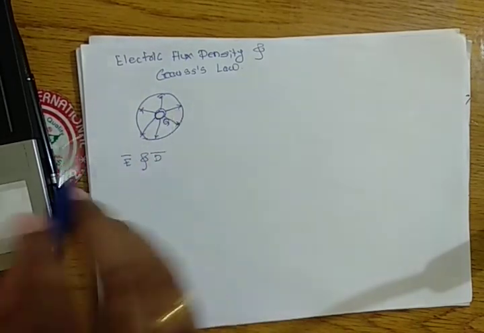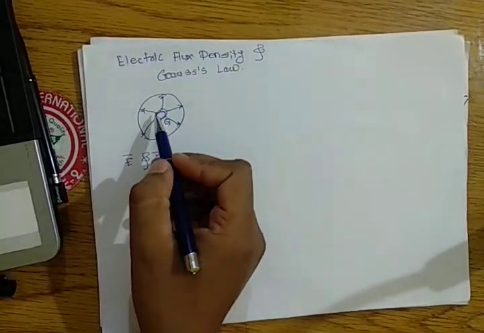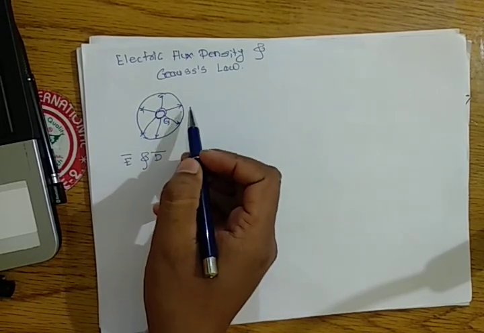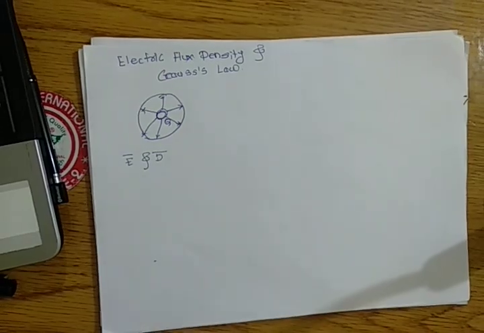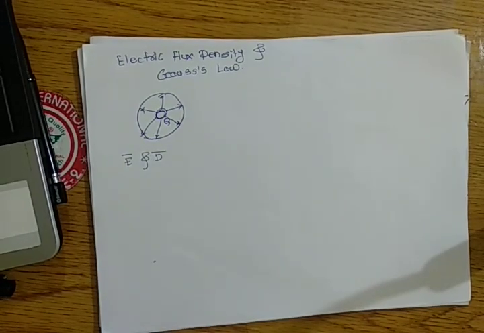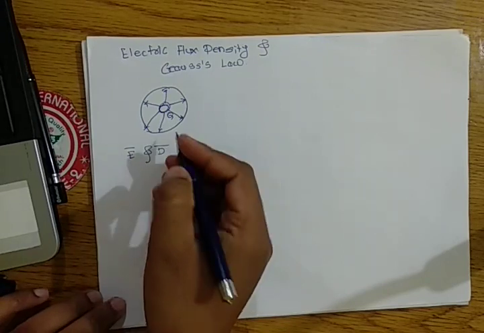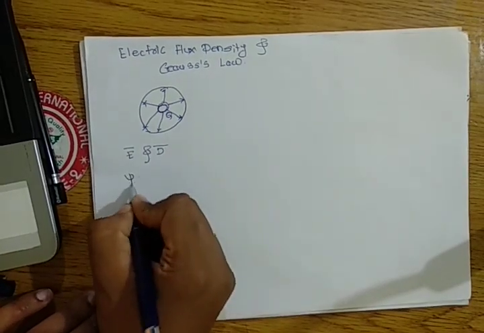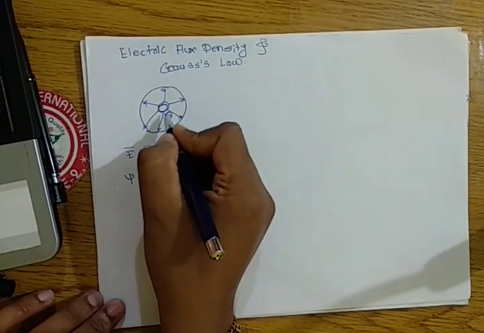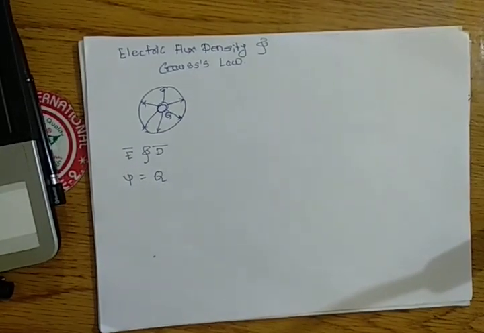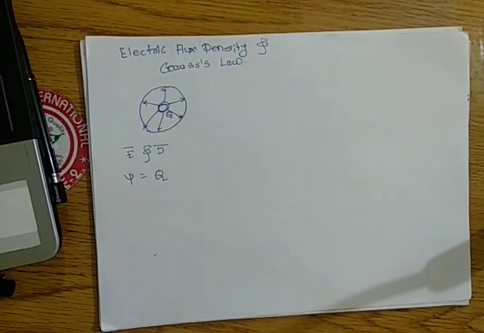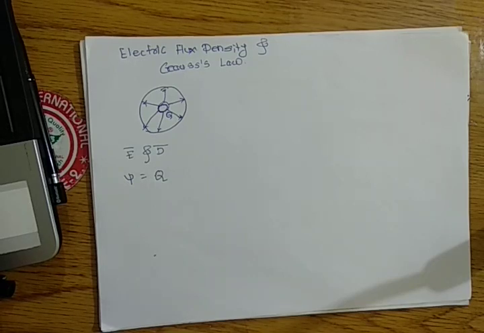This is called electric flux, and the electric flux passes perpendicular to the surface. This is the outer surface, and to that outer surface these lines will be perpendicular. Electric flux is given by psi, and if only one charge is there, the total electric flux is psi is equal to Q. That is how you represent it: psi is equal to Q. So that is the electric flux I have explained.